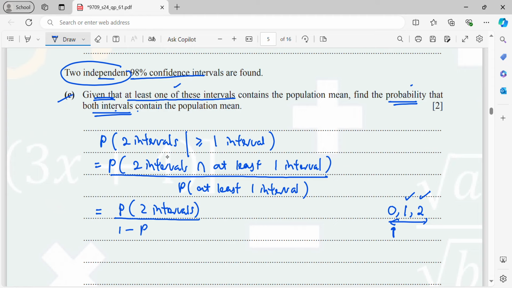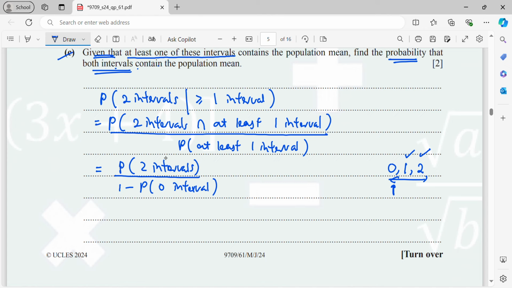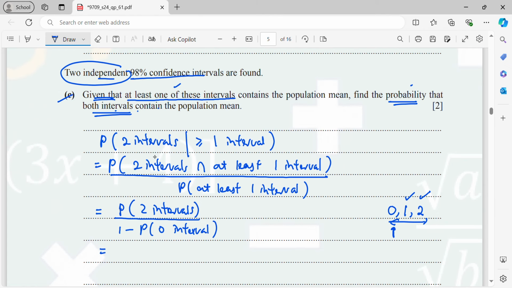So 1 minus 0 interval. You can use this method, or otherwise you can just calculate 1 and 2. I will show you both later on. So that means when two intervals contain the population mean, the probability is 0.98.